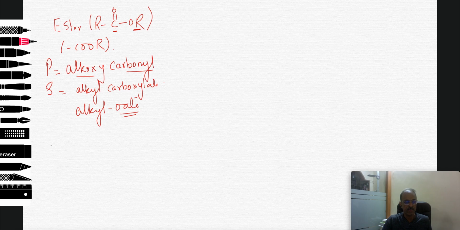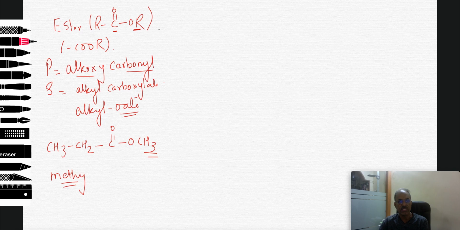Right? CH3-CH2-C=O-O-CH3. So this will be the right hand side part, that means the alkoxy part, the alkyl group, has to be written first.